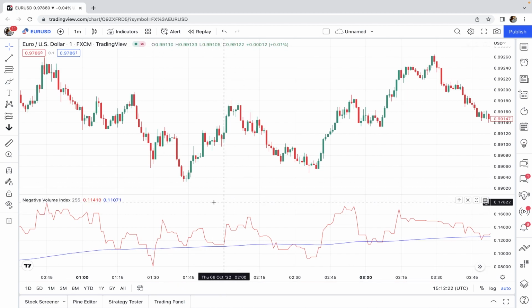If you're not familiar with negative volume index, it's actually a cumulative indicator that uses change in volume to decide when the smart money is active. It decides under this assumption that the smart money is active in time periods when volume decreases and the not-so-smart money is active in time periods when volume increases.